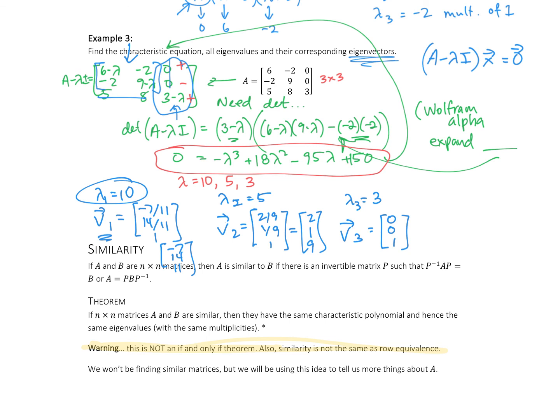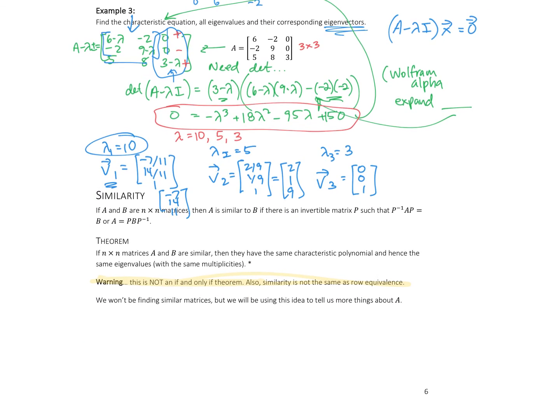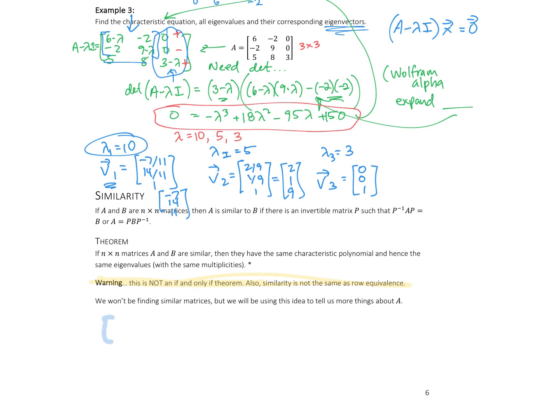I have to know that A and B are similar first, and then I can say something about their characteristic polynomials. Just because they have the same characteristic polynomial does not mean they are similar. An example of two that have the same characteristic polynomial but are not similar: 2, 0, 0, 2 and 2, 1, 0, 2.